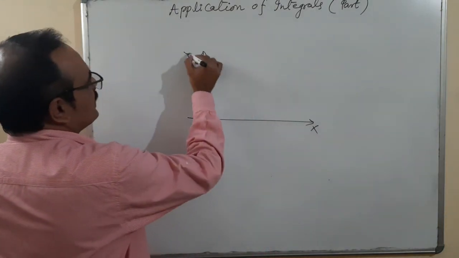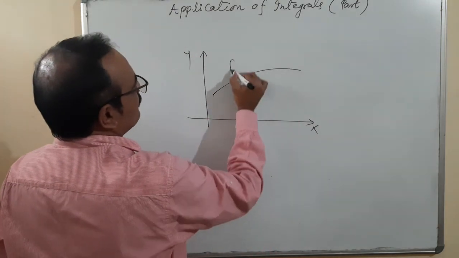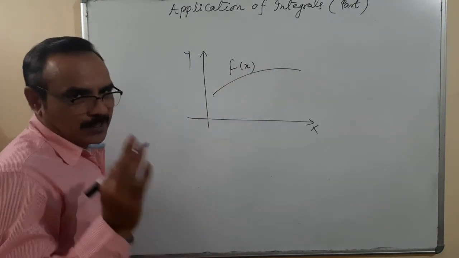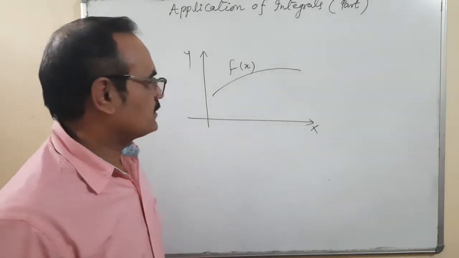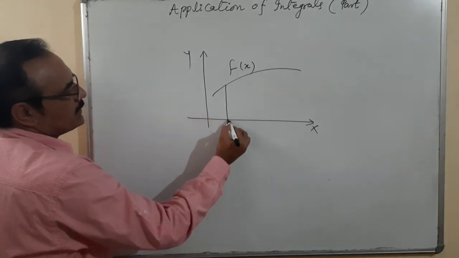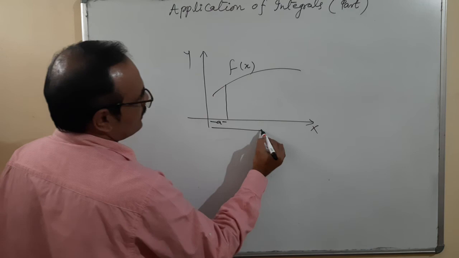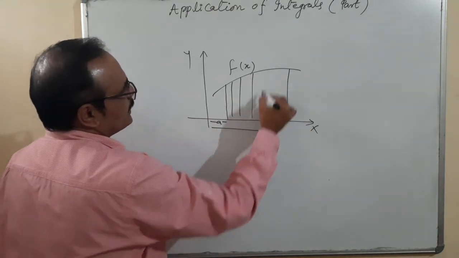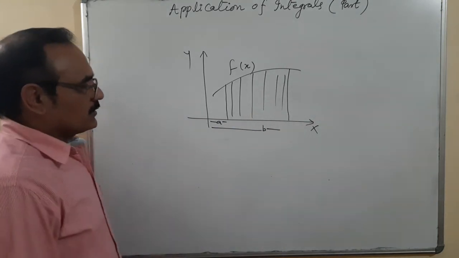X is the axis, this is y. Suppose this is the function f of x, and we are going to find the area of the function bounded by the limits. For example, suppose we are going to find the area from a up to b. Okay, this area we are going to find out. So you know what happens?